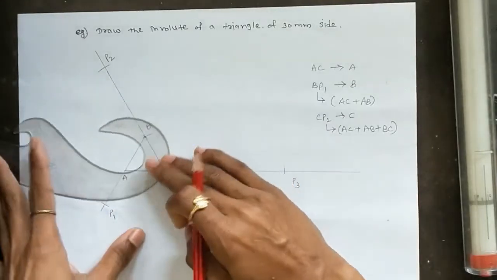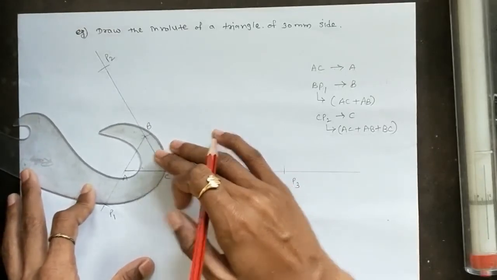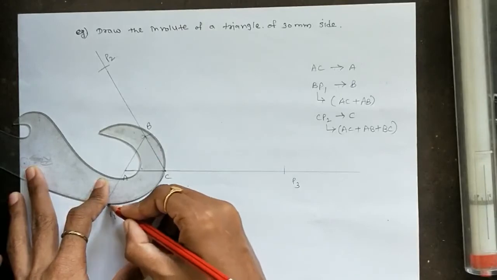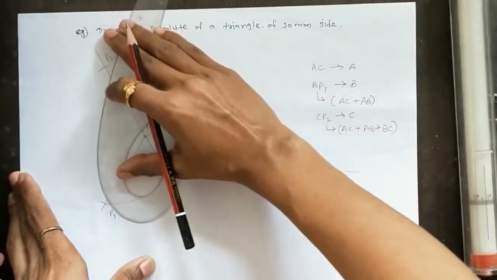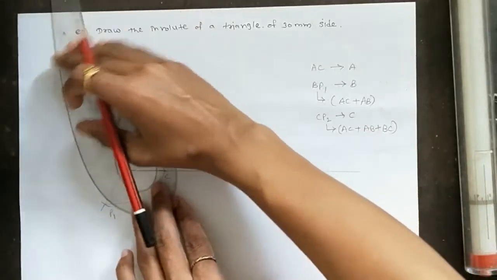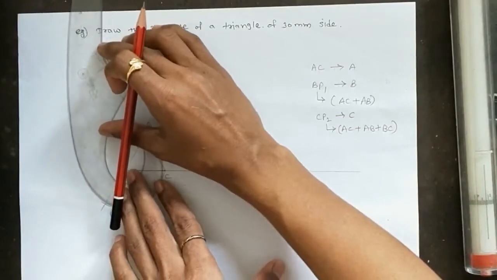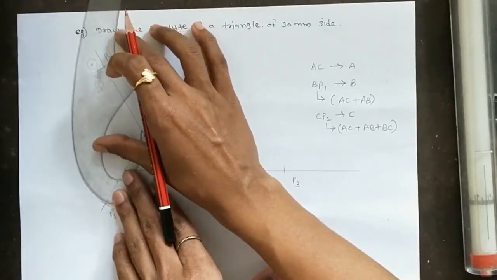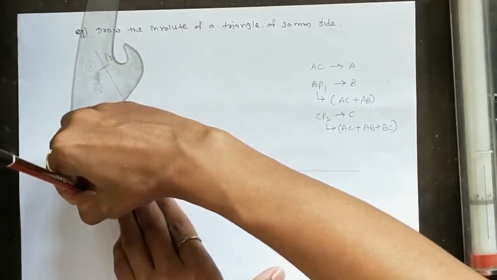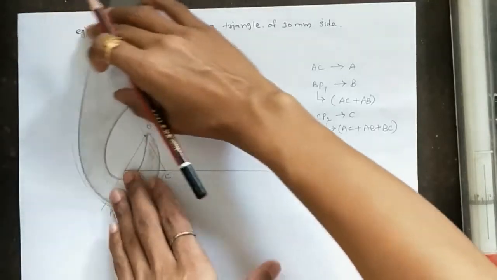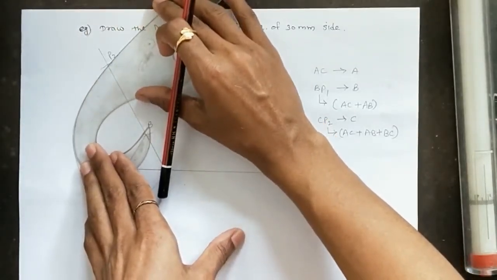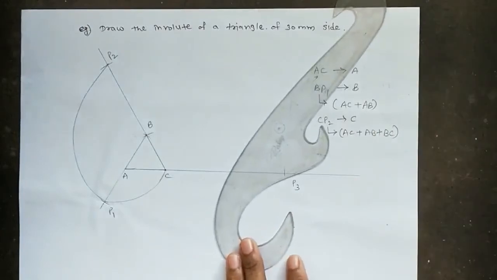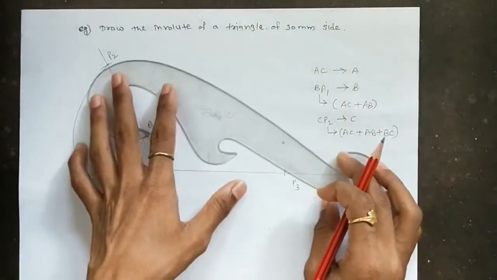So join C to P1, then join point P1 to P2, then join P2 to point P3.